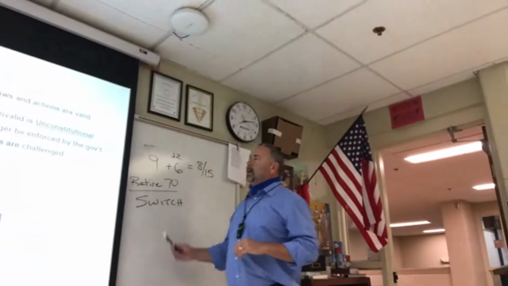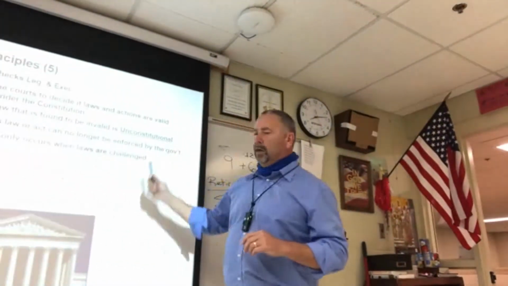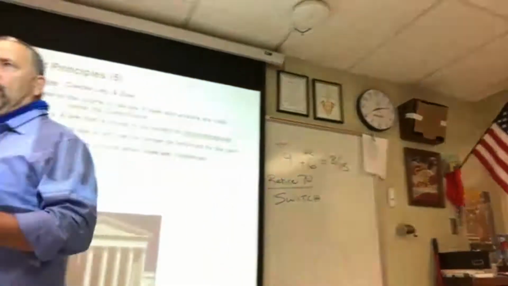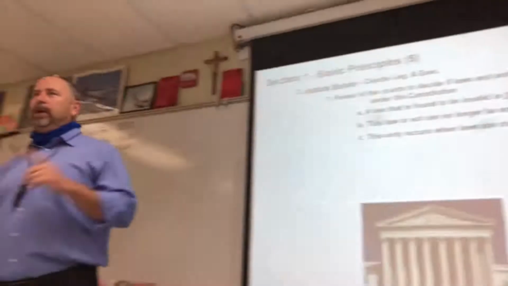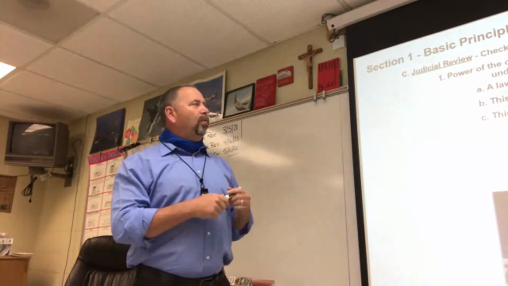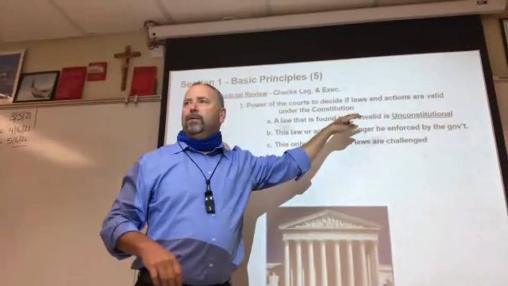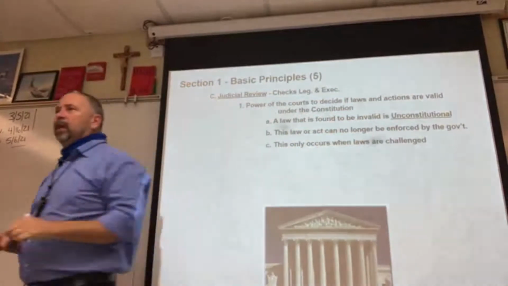All right, so that's how we got that. So when laws are invalid, they're deemed unconstitutional. But also, actions of the president can be deemed unconstitutional. Okay? So the Supreme Court has judicial review over both of these bodies. That makes sense. Okay?